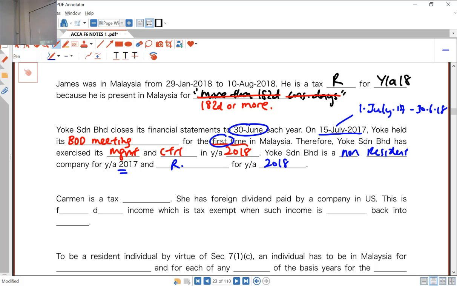Okay, Carmen has a foreign dividend paid by a company in the US. So this is FD income, dividend from the US. The F here points to foreign-derived income, which is tax exempt. Now, if you say foreign income is exempt, then she must be a resident, because that's the scope, okay?